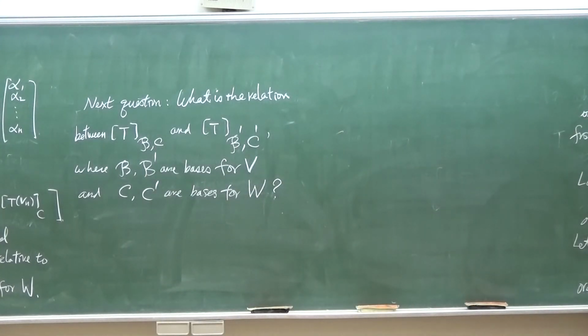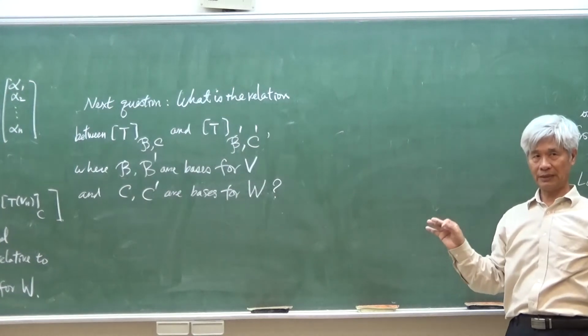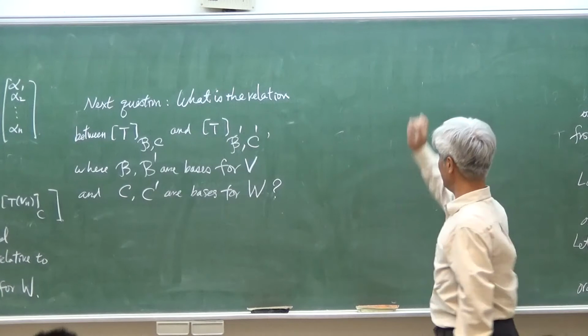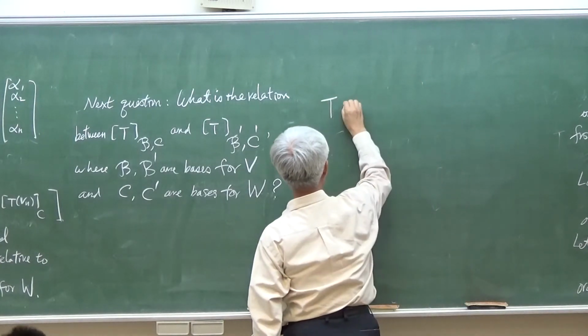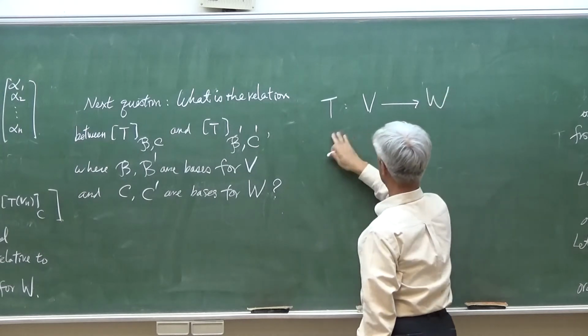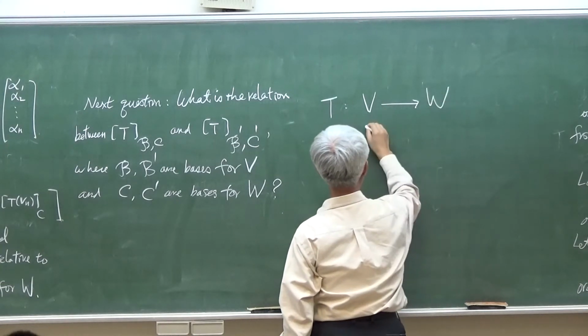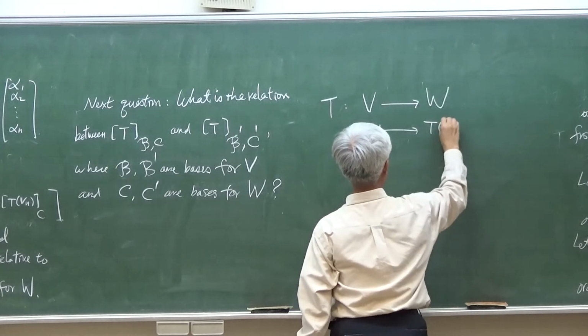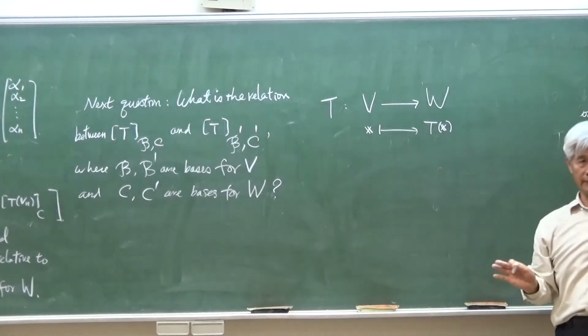All right, so let me draw the diagram. Everything is just linear transformation, right? So we start with V, and we have X. We go to W through T, so this is a linear transformation.